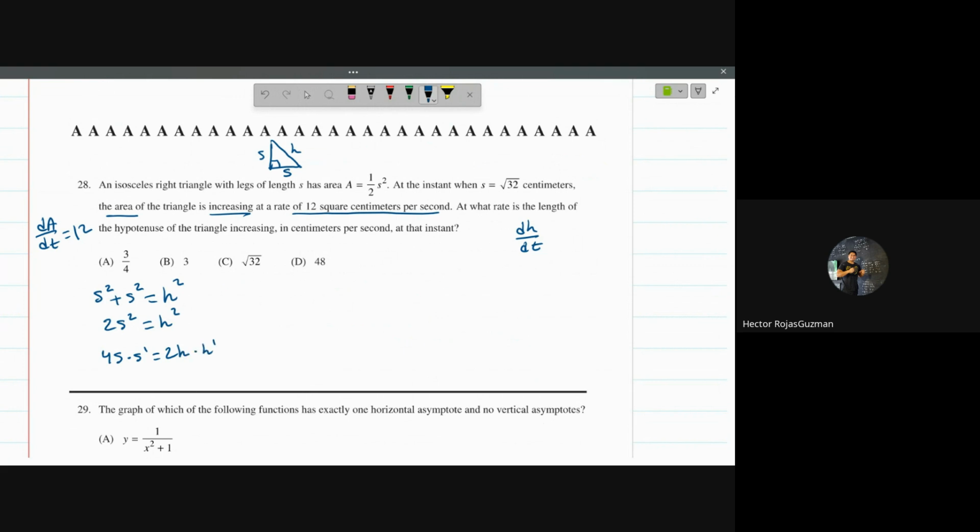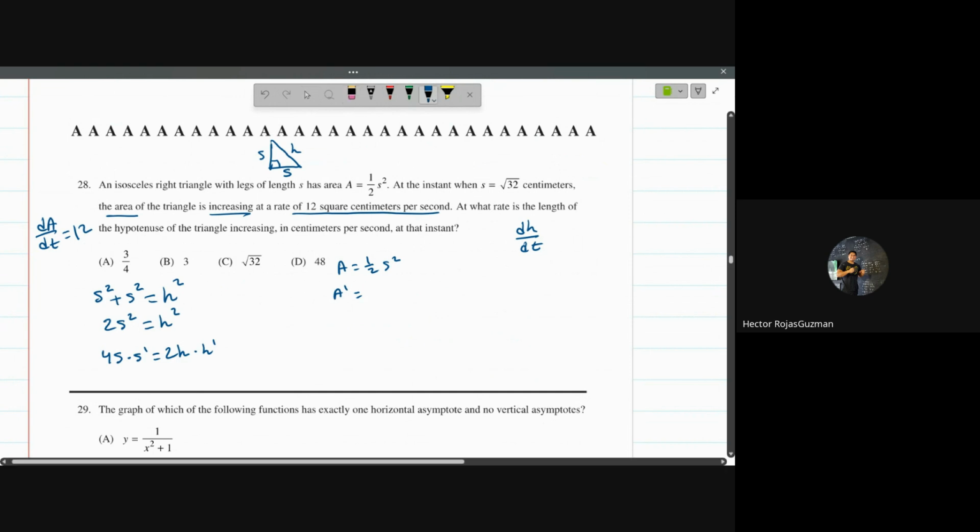And if we want to find h prime, we need to figure out s prime. So the area, which is 1/2 s squared, if you take the derivative, a prime, then you're going to get 1/2 times, so this could get a little confusing, right?